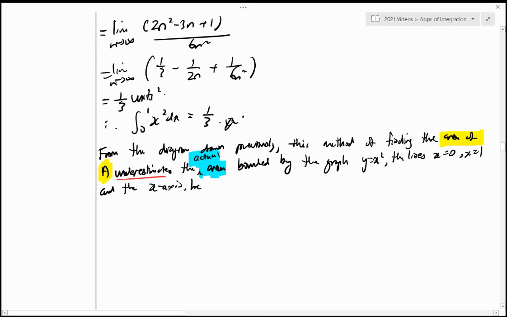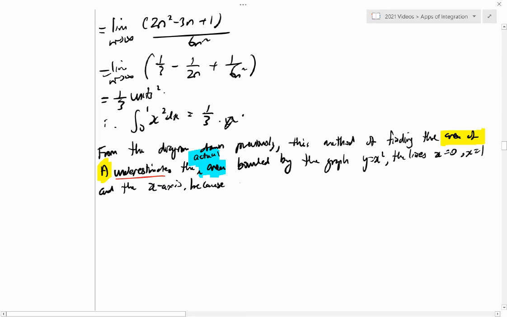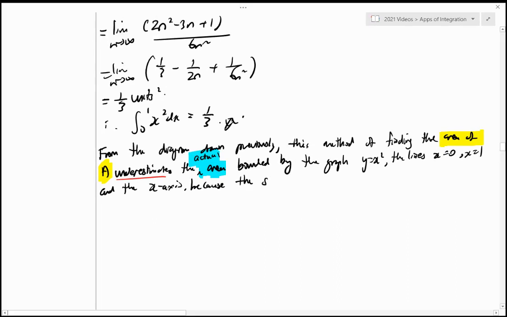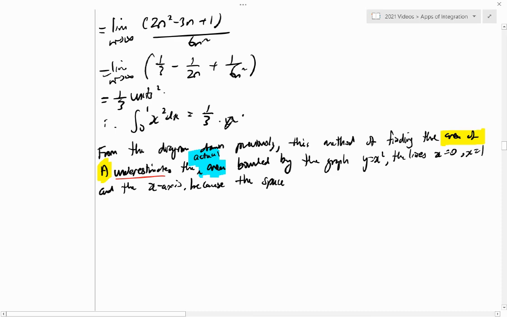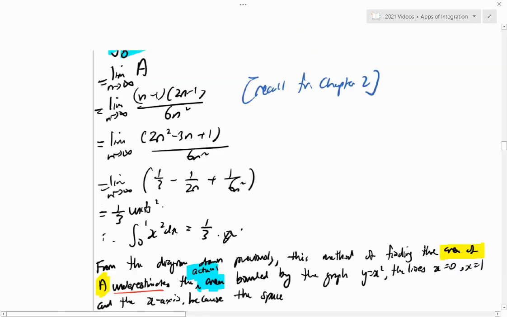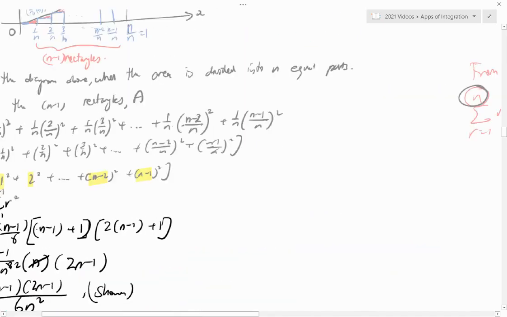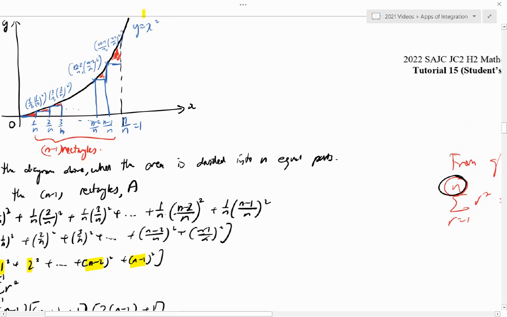Because the space, now notice just now I actually shaded all the empty spaces.